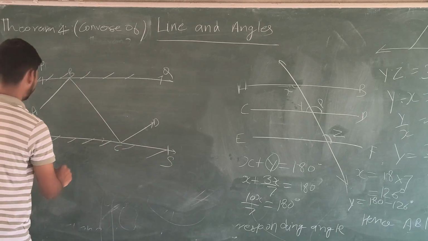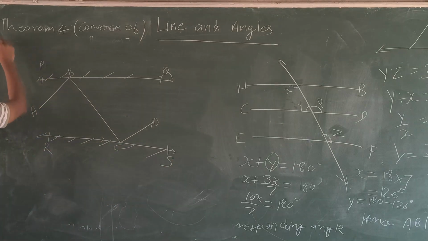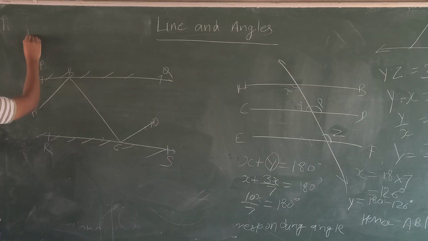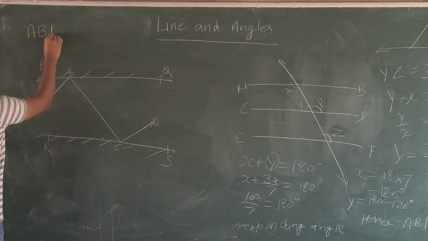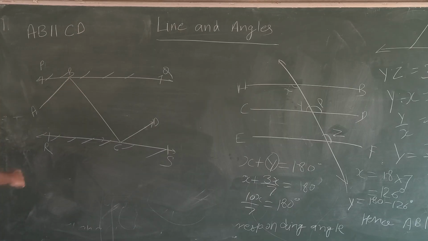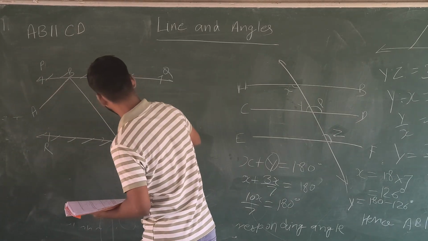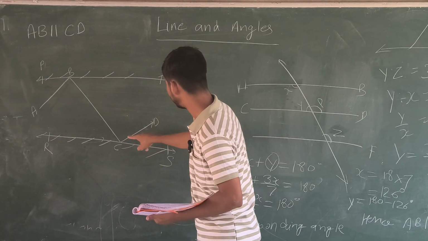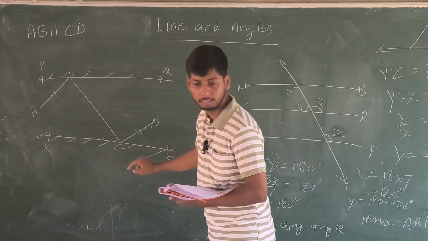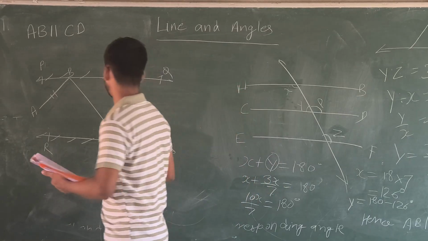So we have to prove that AB is parallel to CD, means this is parallel to this. These two lines are parallel. This we have to prove.